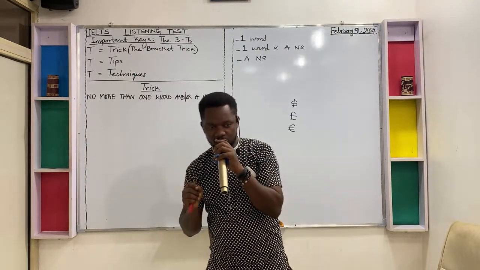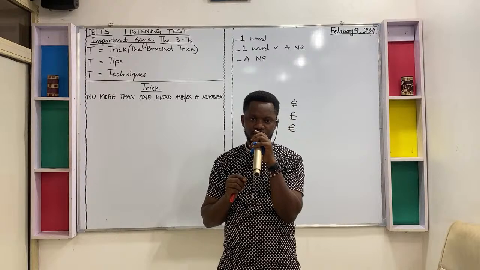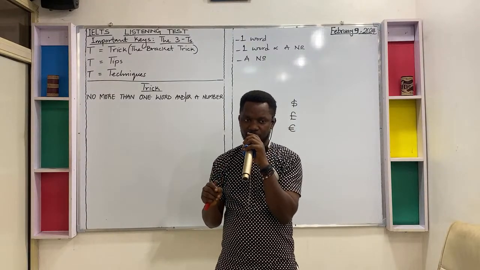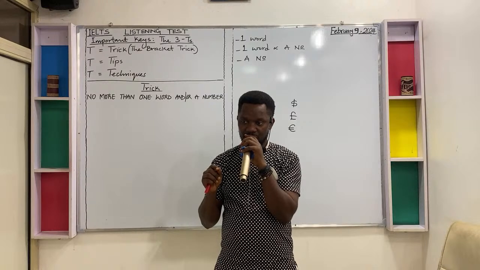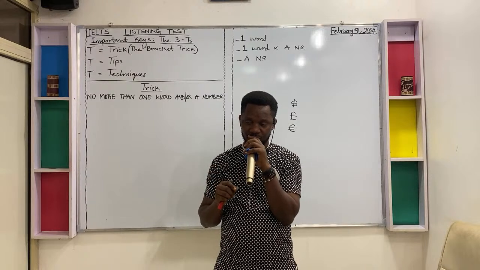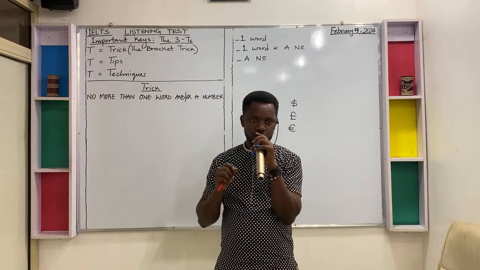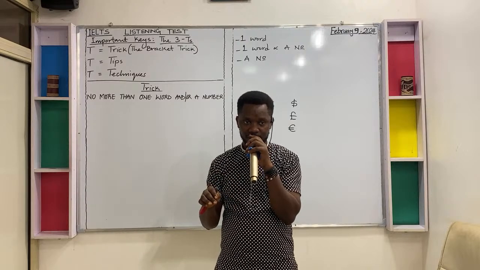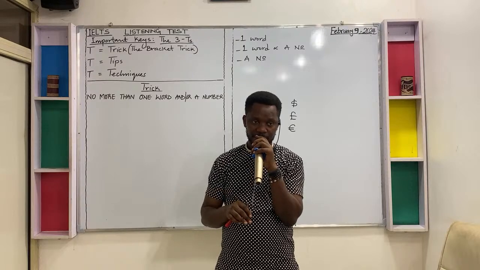When you read a question and you see that there is a currency symbol written on that question, your answer should not carry the currency symbol anymore. Is this part clear?